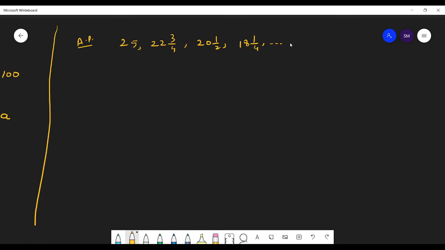You have to find the term which is numerically the smallest.